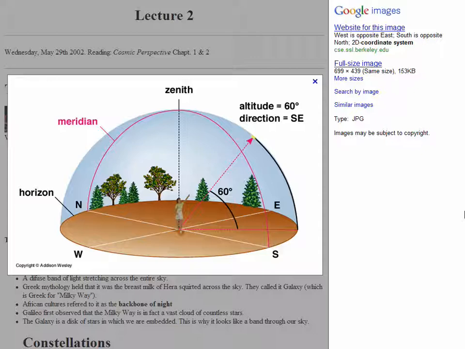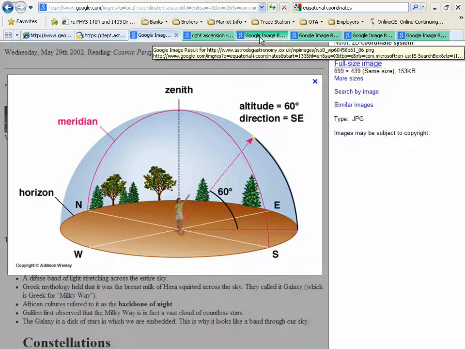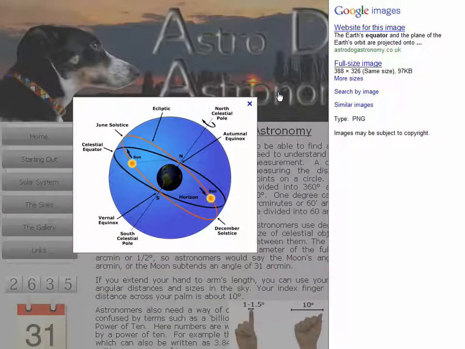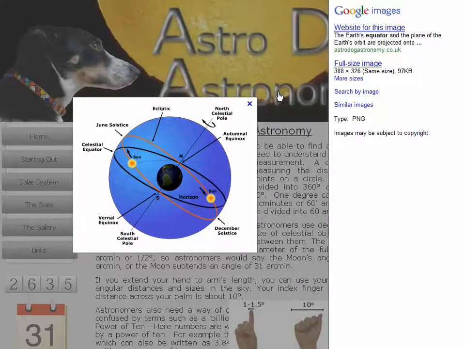And therefore it's almost completely useless in terms of research and communication with other people. So instead of that, what was created was the equatorial coordinate grid. That's a celestial sphere that surrounds Earth.